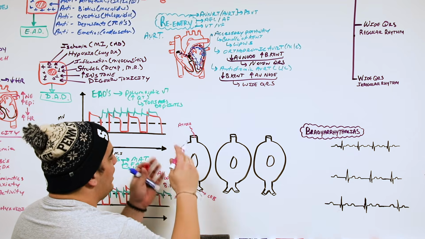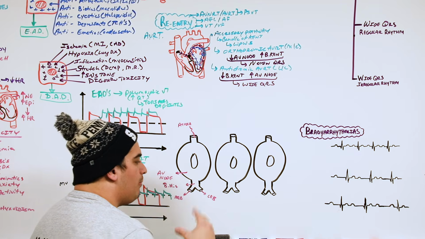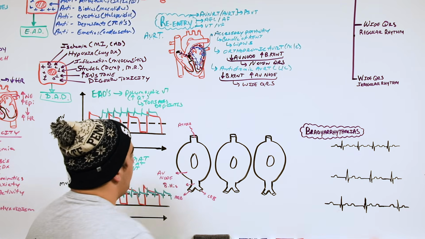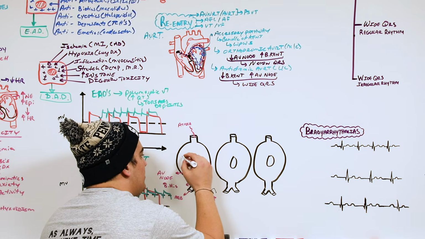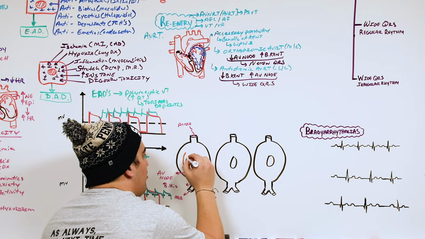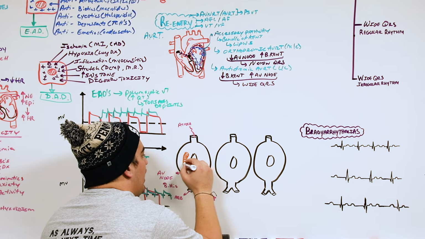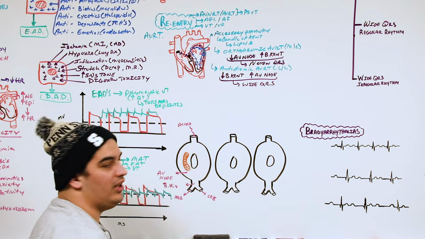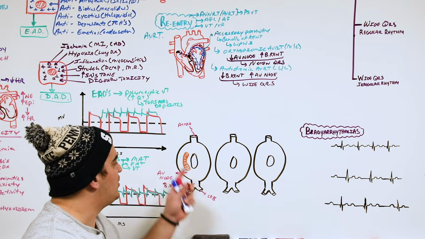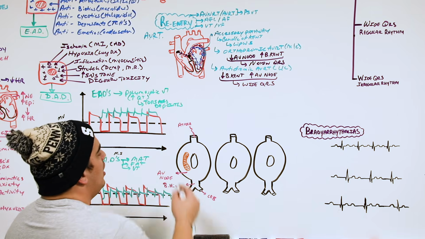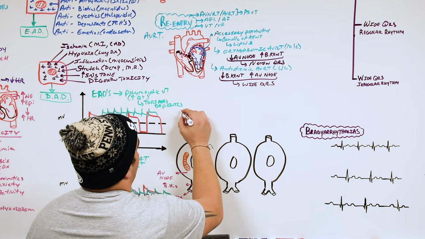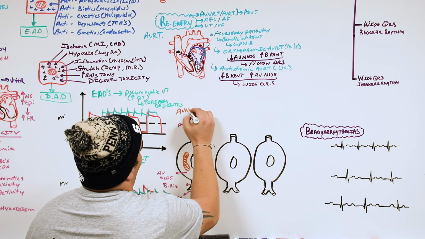But in people with AVNRT, they have an abnormal pathway. And the reason why is usually there is some type of underlying fibrosis or scarring that is occurring within the AV node. What is the reason for this scarring or fibrosis?